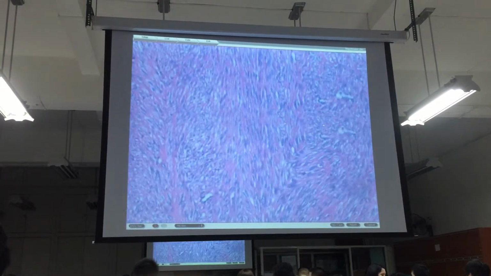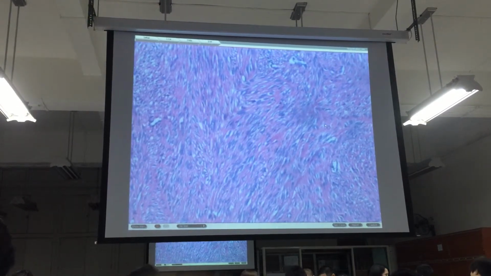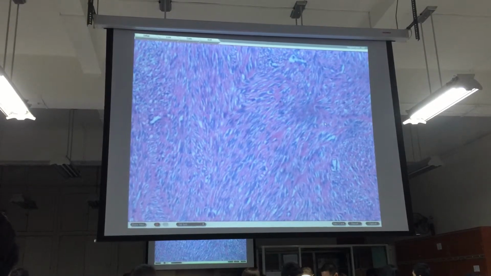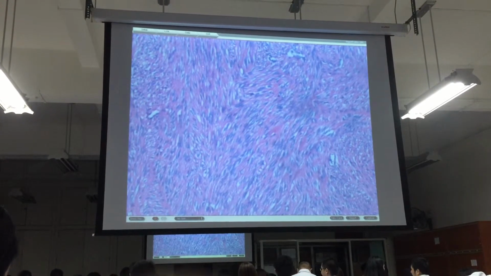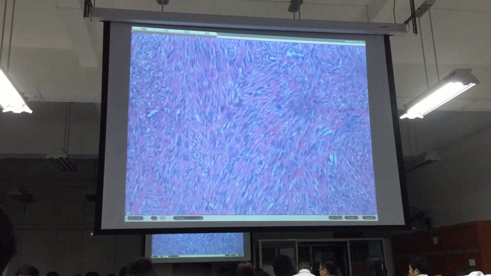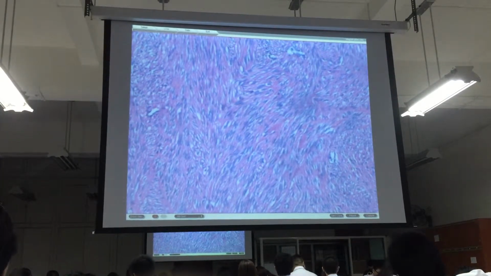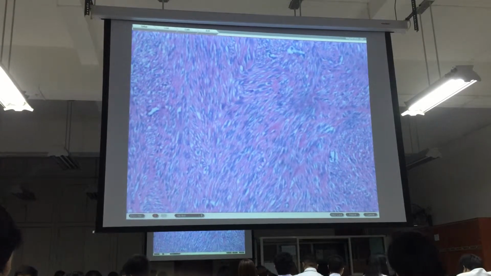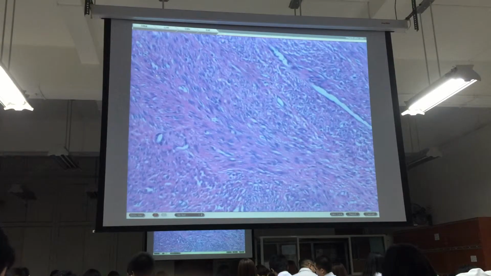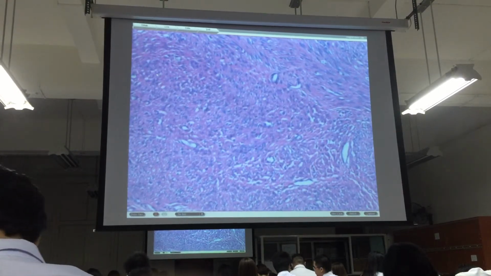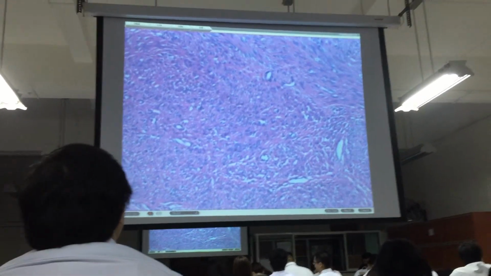But here, the muscle tissues are seen in different directions. This one is going upwards, and this one going diagonally, and some are cross sections. So the pattern of this smooth muscle is what we call your interweaving pattern.